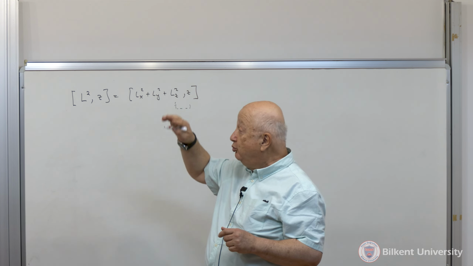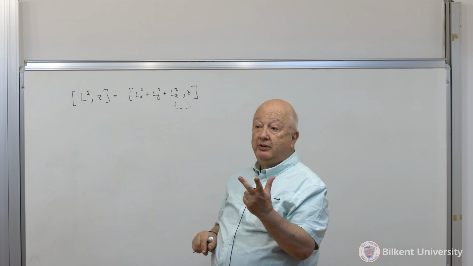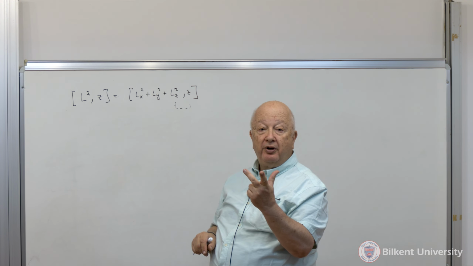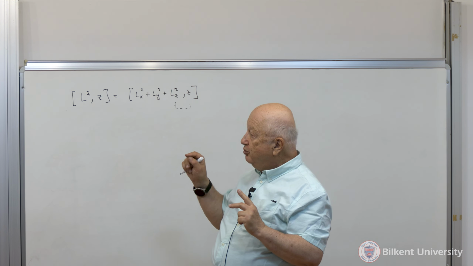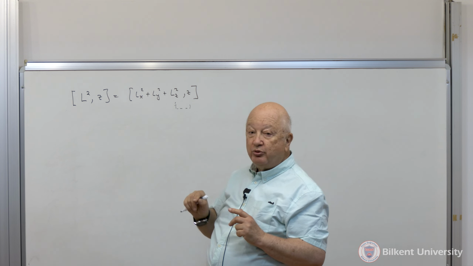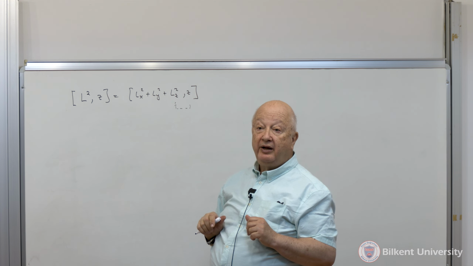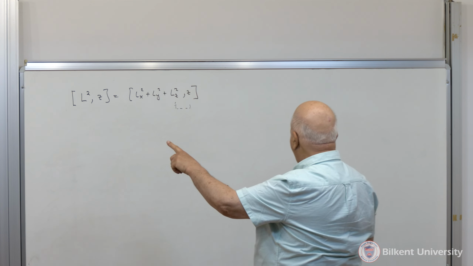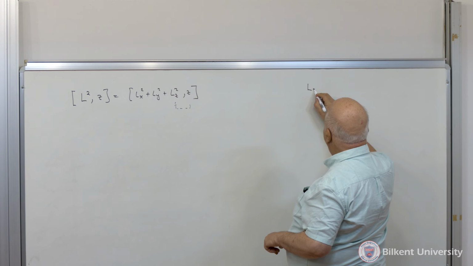I don't want to go through the whole algebra, but I know that since space is isotropic, if I make a rotation so that z goes to x, x goes to y, and y goes to z, those relations should work again. So let me make a table of these things.